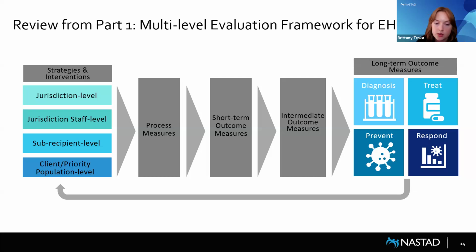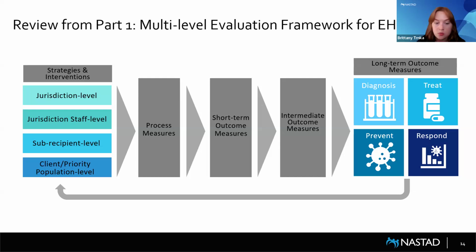On the left-hand side, we've broken down the strategies and interventions into levels of evaluation, or where we see opportunities to measure impact. All EHE goals are tied to client level outcomes, but the strategies that are being implemented to achieve those goals also have effects on other aspects of EHE that could lend itself to evaluation, which is why we've broken it down into these 4 levels: jurisdiction, jurisdiction staff, subrecipient, and client or priority population.